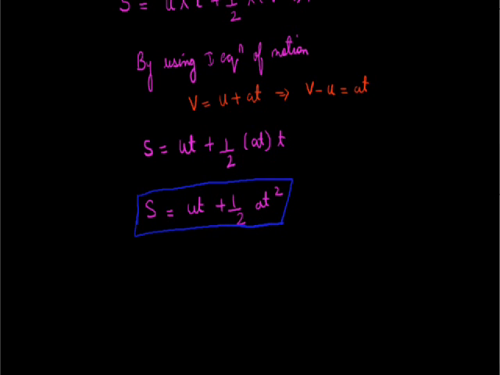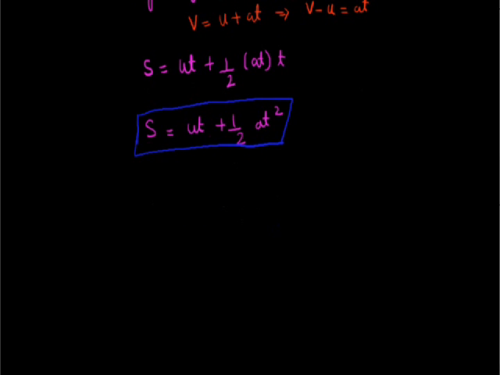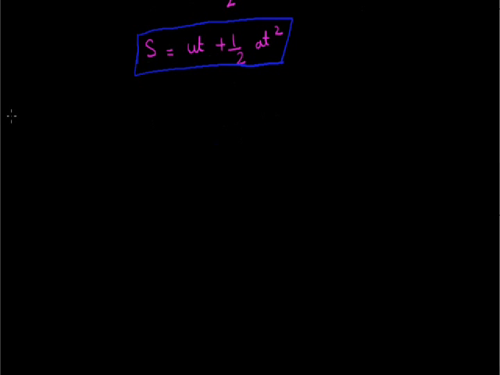Now we will derive the third equation of motion by using the graphical method, and in this we will be using the same graph that we plotted for equation 2. As we discussed, the area under the VT graph gives us the distance covered, so here also we will be using the same concept.